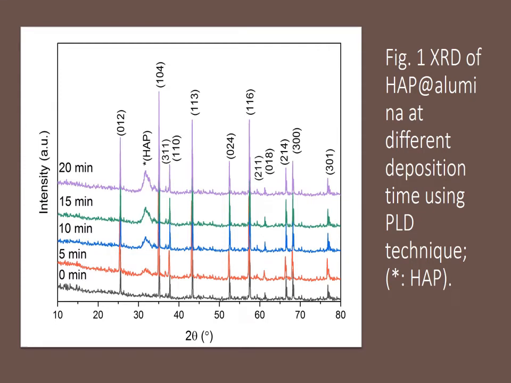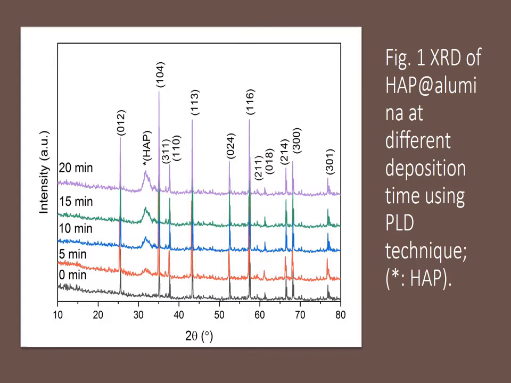The neodymium-YAG nanosecond laser system was used as the source of irradiation for deposition. The sputtering process of hydroxyapatite on the alumina scaffold was done in a vacuum chamber that was evacuated to a pressure of 4.5 × 10^-5 Pascal at room temperature.